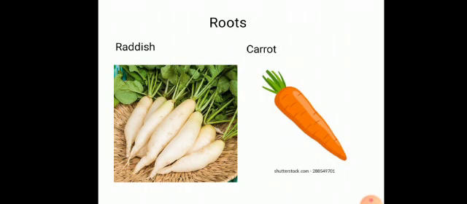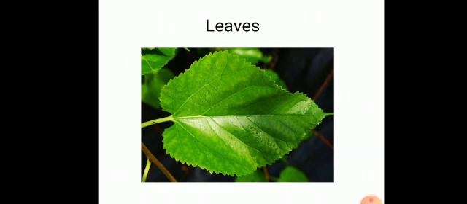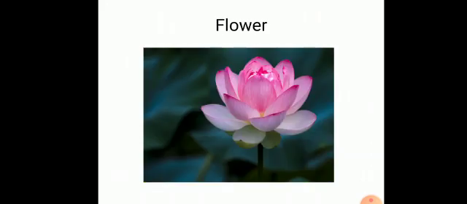Also, there are different parts of a plant such as roots, example, radish and carrot, stem, example, ginger and potato, leaves, example, mulberry leaves, flowers, and fruits.